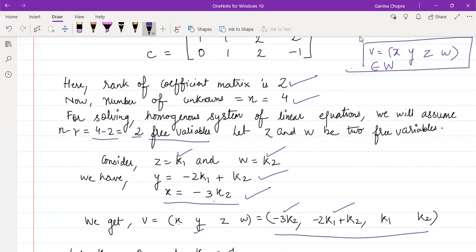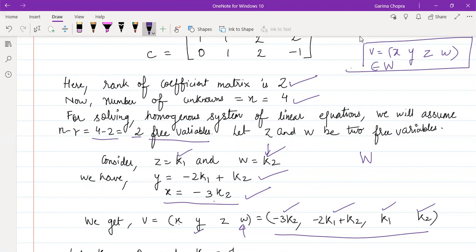And this is z, which is the free variable, which is k1. And this 4th component w, which is again a free variable, which is k2. So what we have done, we have evaluated the orthogonal complement W. We have the arbitrary vector v of this subspace W with us.